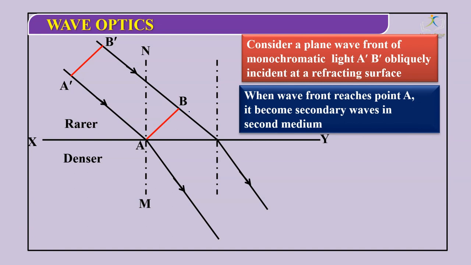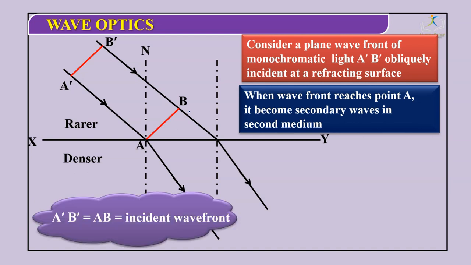So students, whenever we take the nature of light in the form of a wave, we see many changes in the phenomena. In the case of a plane wavefront, we must take monochromatic light rays. There will be a few new phenomena observed that we can't prove with the help of wave theory. It becomes secondary waves.